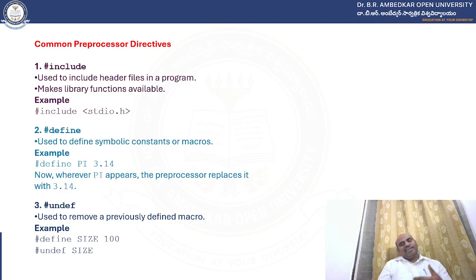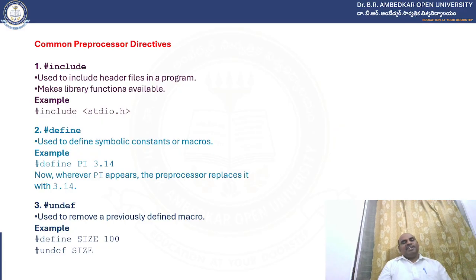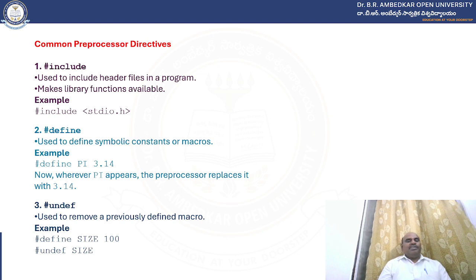The second category of directive is hash define. Hash define is used for defining constants or defining macros. A constant value can be taken, for example the fundamental constant pi, which is 22 by 7 or 3.14. We are defining the pi value as 3.14.